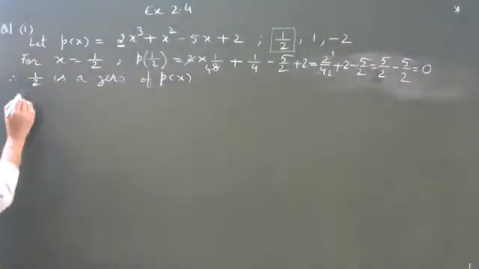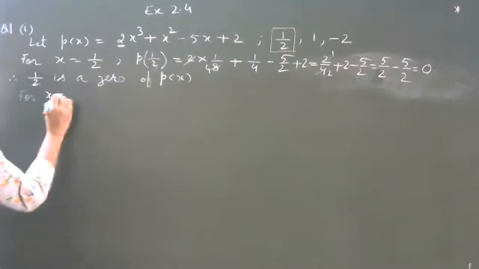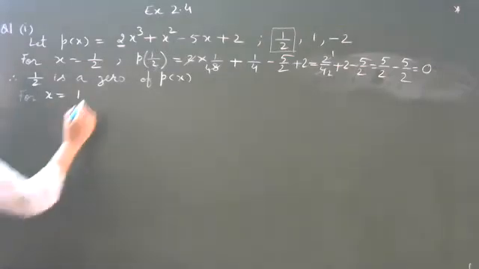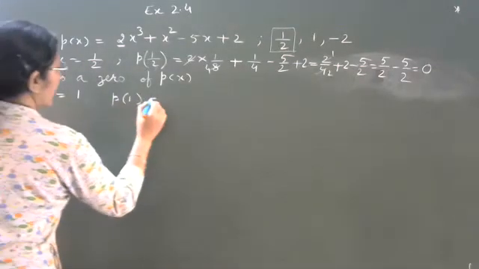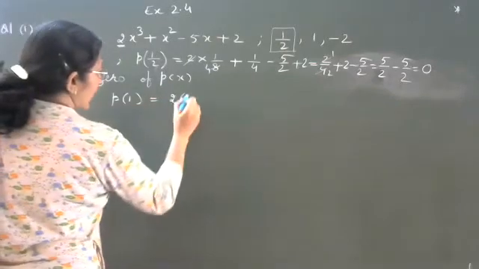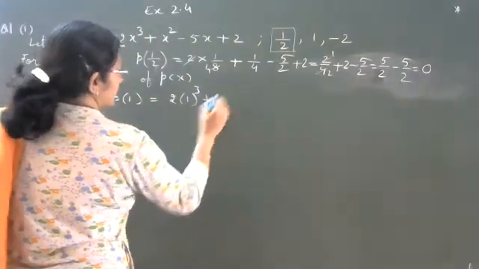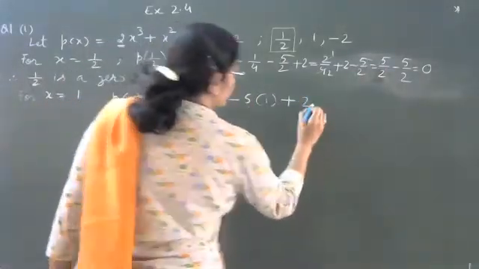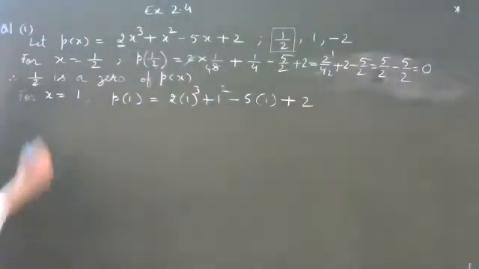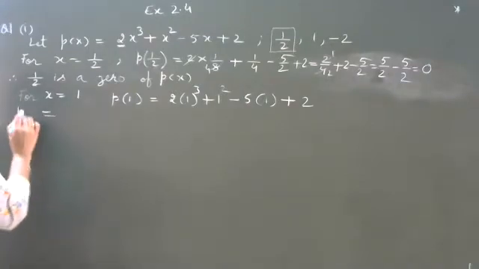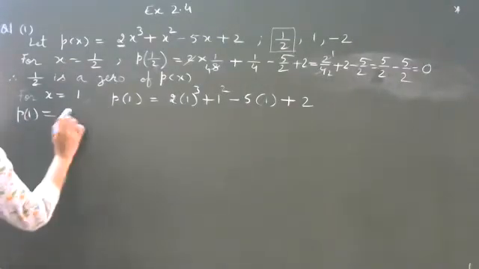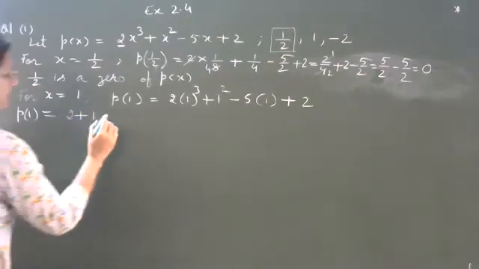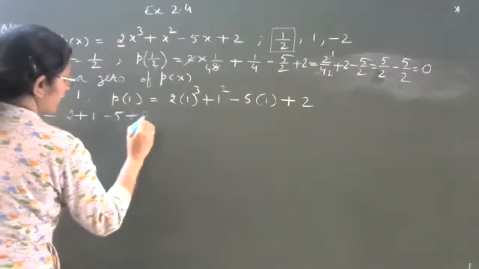Now for x equal to 1, p(1) is equal to 2 into 1 cube plus 1 square minus 5 into 1 plus 2. That is p(1) is equal to 2 plus 1 minus 5 plus 2.